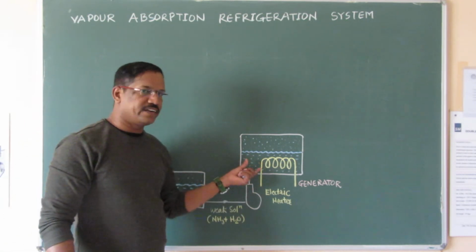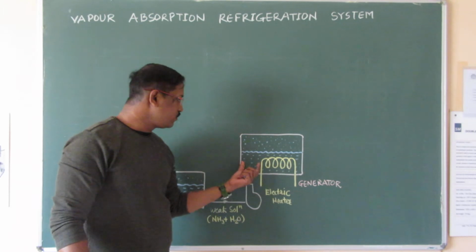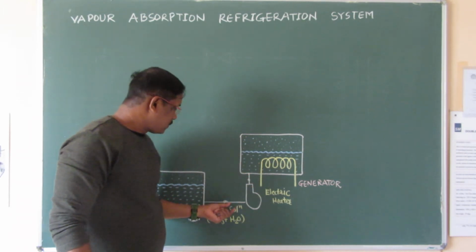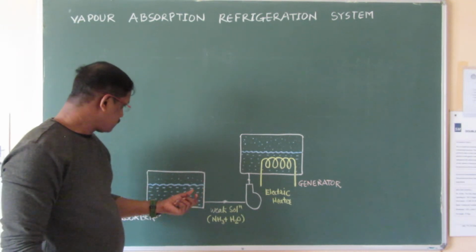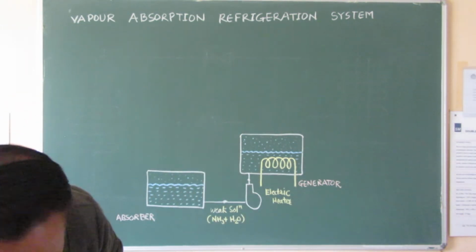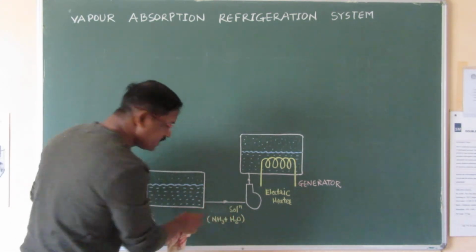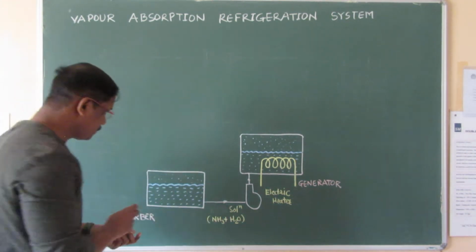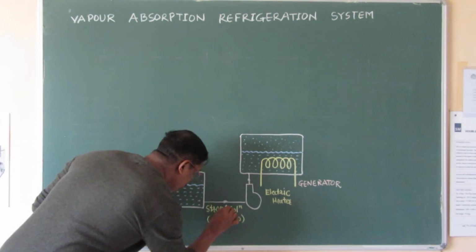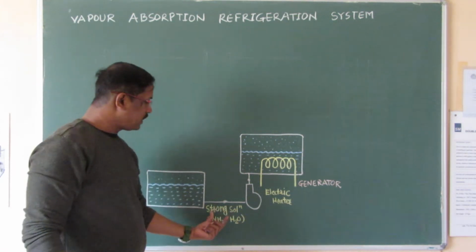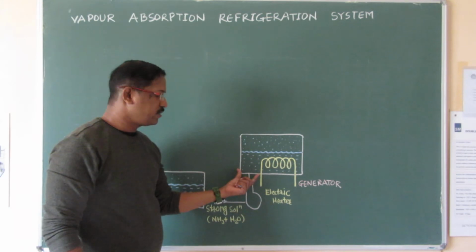It is supplied to the generator. When heat is provided in the generator unit, this is a strong solution, not a weak solution. The strong solution is supplied to the generator unit.